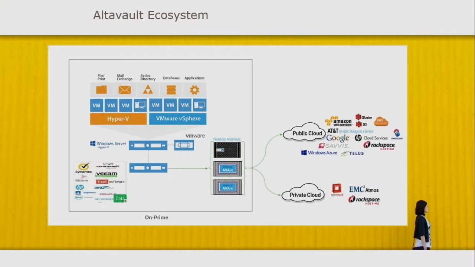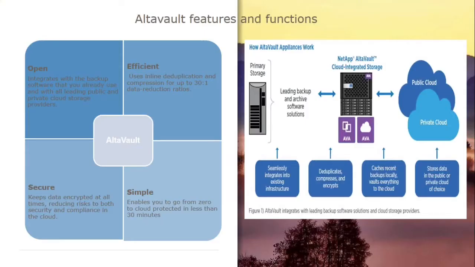Let's talk about the AltaVault features and functions. AltaVault is open, efficient, secure, and simple. These are the four easiest ways we can define AltaVault. Open in terms of compatibility: it can be integrated with your existing backup software or any public or private cloud storage. Efficient because it uses inline deduplication and compression, and it can give you up to a 30:1 ratio of data reduction.